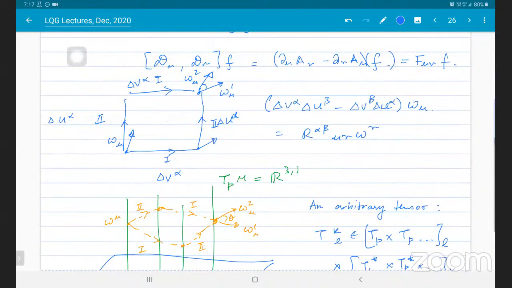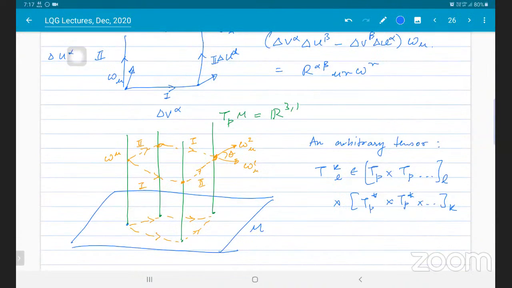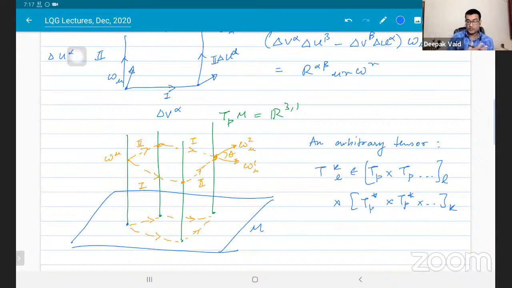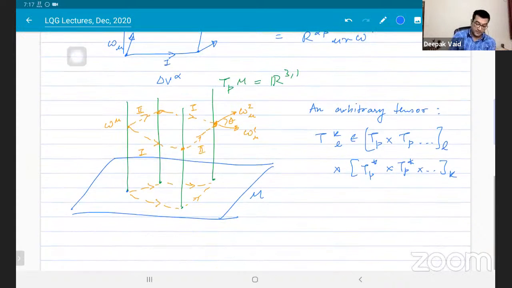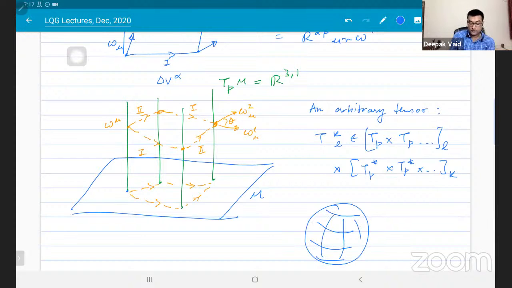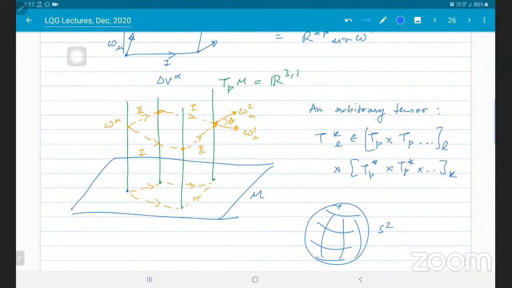Why the tangent space is R^(3,1) rather than M itself? Okay, so, well, if you are, as an example, on S^2, what is the tangent space at a given point? It's just a tangent plane, right?